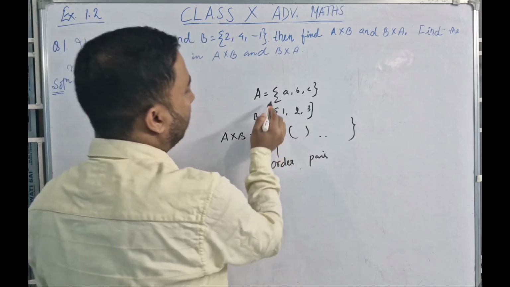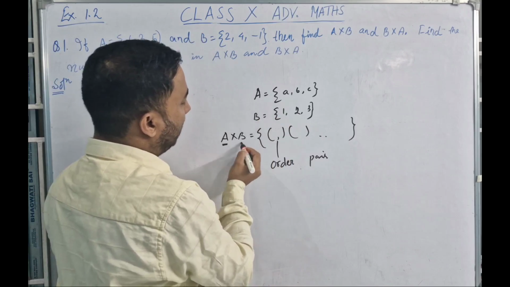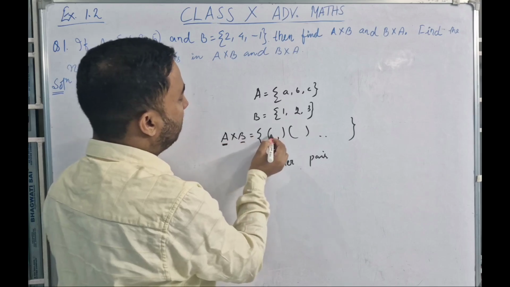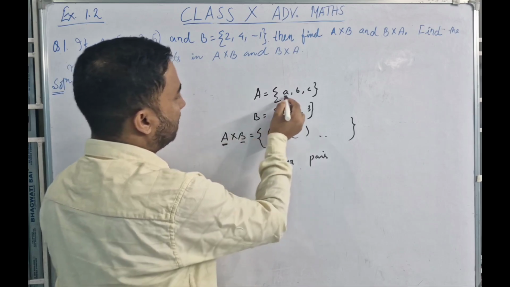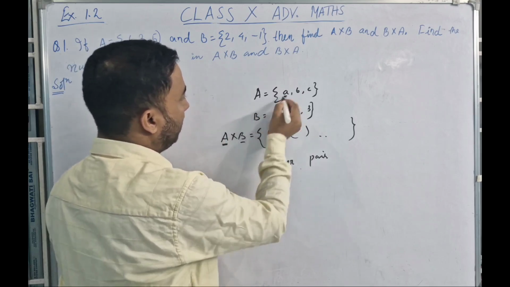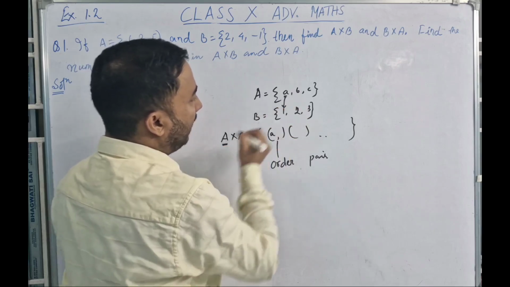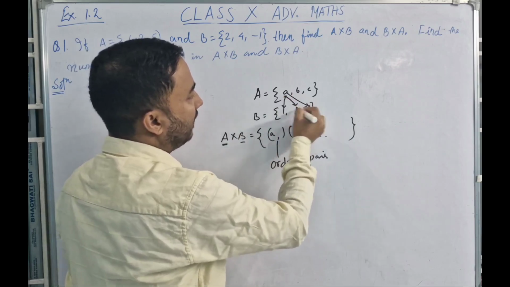The elements of A and B will come here. Since we are going to find A cross B, the first component will be from the set A only. The elements in the set A are a, b and c.